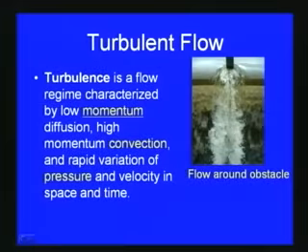So, turbulent flow characteristics we can define like this: low momentum diffusion takes place, high momentum convection takes place, rapid variation of pressure is taking place in the flow, and velocity also changes rapidly in space and time. So, turbulent flow can be characterized by low momentum diffusion, high momentum convection, and rapid variation of pressure and velocity in space and time.